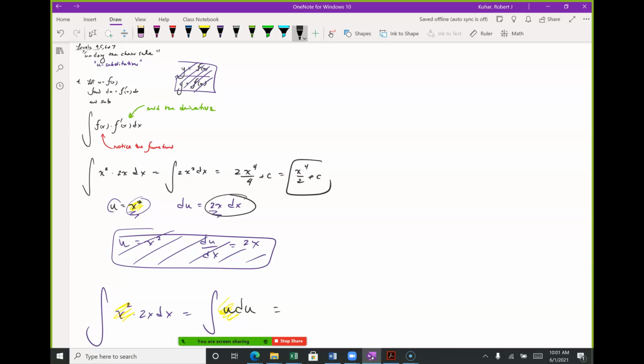I'm now at a completely different independent variable. I'm pretending now my variable x is the variable u. So I have u to the first power, and that's a power method. So I get u squared over 2. But what is u? It's x squared. So I get x squared squared over 2. And there it is, x to the 4th over 2 plus c.